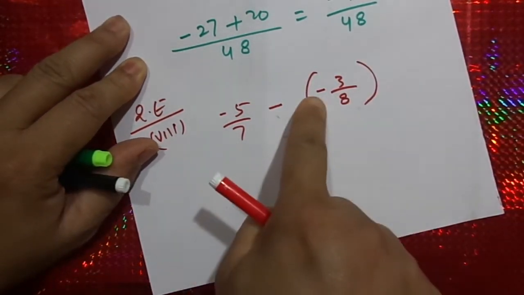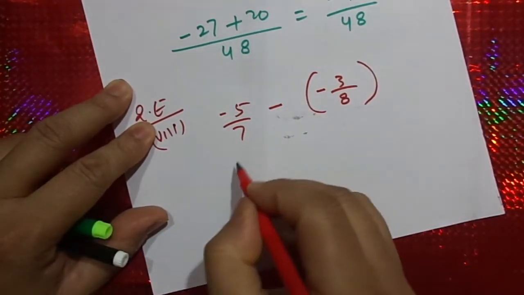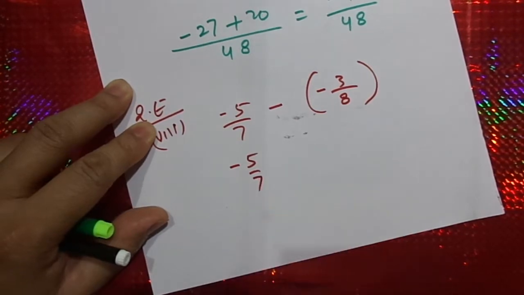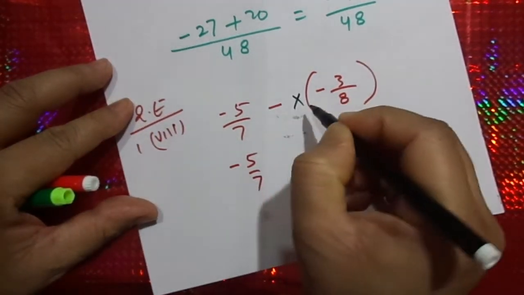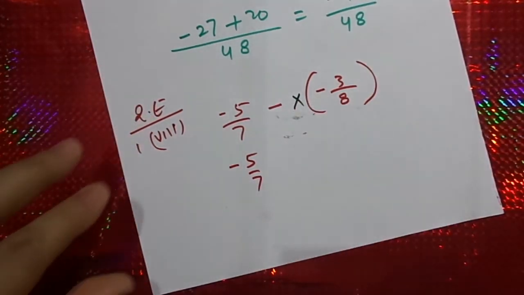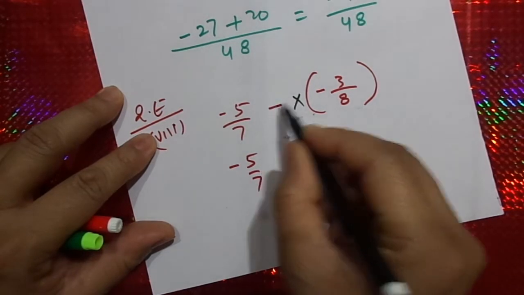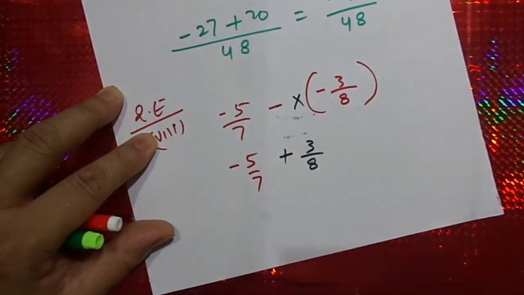As I said, this minus belongs to 3 by 8, therefore it has been kept in brackets. So minus 5 by 7, as I said, there exists a sign of multiplication between the bracket and the first sign. So here we have minus into minus, plus 3 by 8.